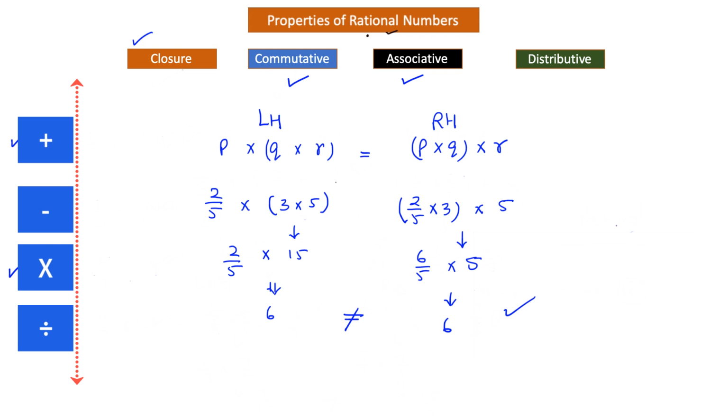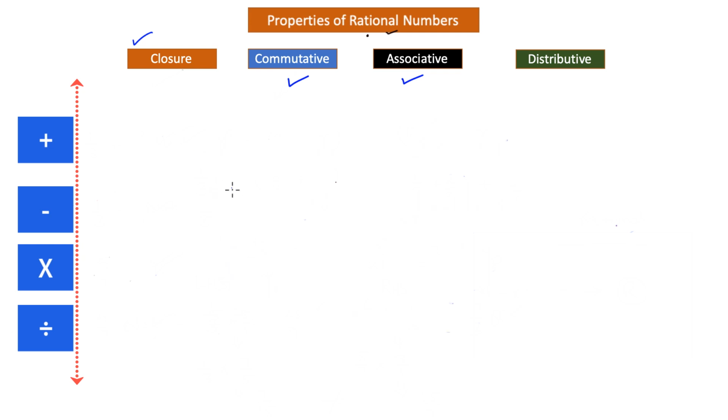Now let's play with some numbers to understand subtraction and division. My new scenario is I have the first number to be 1/2 minus 2/8 minus 3/8. And this is my first subgrouping. This is P, this is Q, and this is R. I want to evaluate whether the associative property will hold true under subtraction.